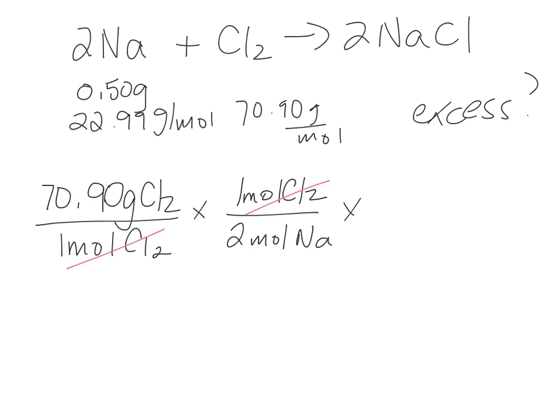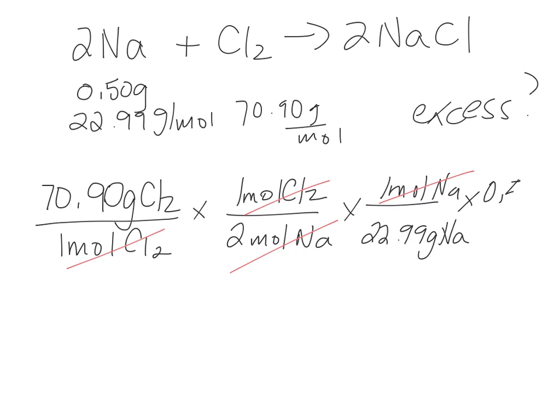So I want to get rid of moles of sodium, so I need moles of sodium for something, and I have that in my molar mass. Now I've got to get rid of grams of sodium, so I'm going to multiply it by 0.5.